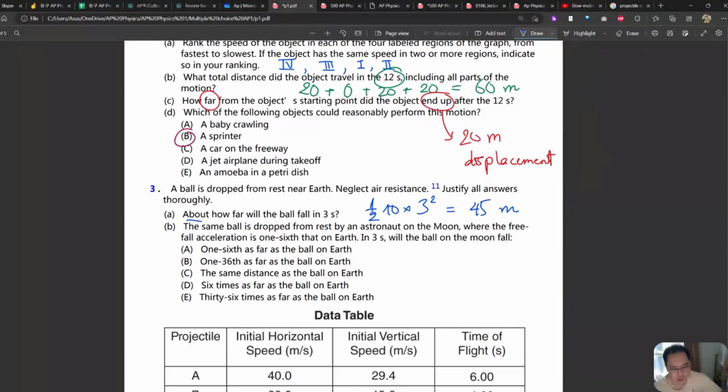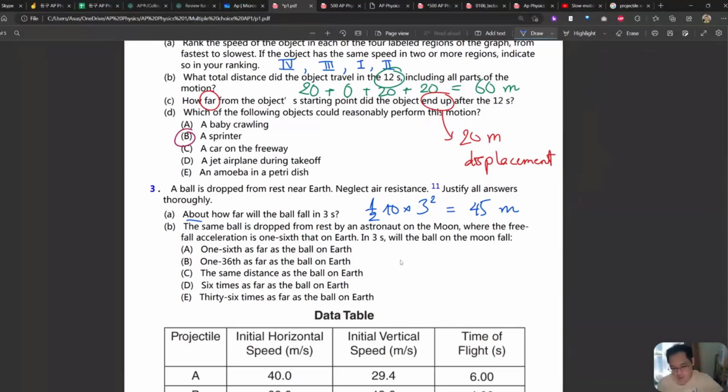Question B. The same ball is dropped from rest by an astronaut on the moon, where the free fall acceleration is 1/6 that on Earth. In 3 seconds, how far will the ball on the moon fall? So 1/6 of 10. Instead of using 10, you use 1/6 of 10.